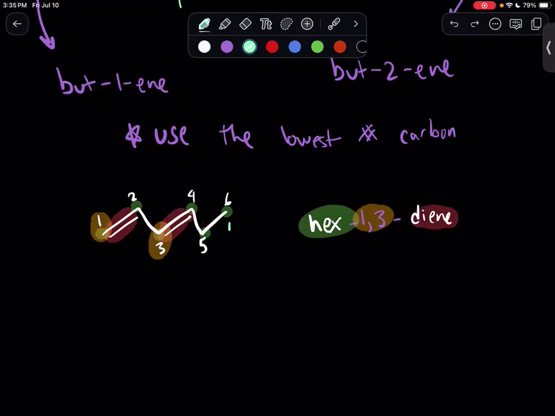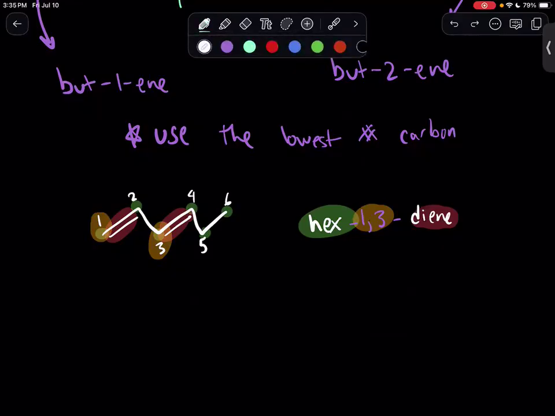We always want to count where our numbers are lowest. So this now uses both the prefixes from the carbons, but also the numeric prefix di to reference two double bonds. And so we have hex-1,3-diene.